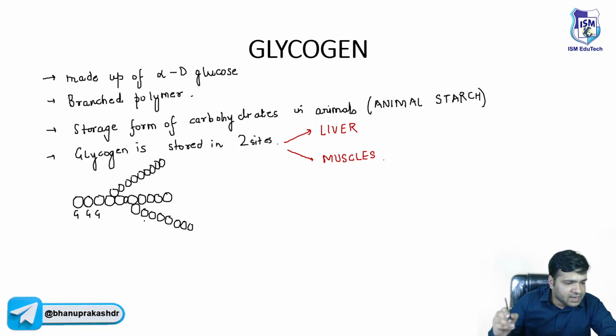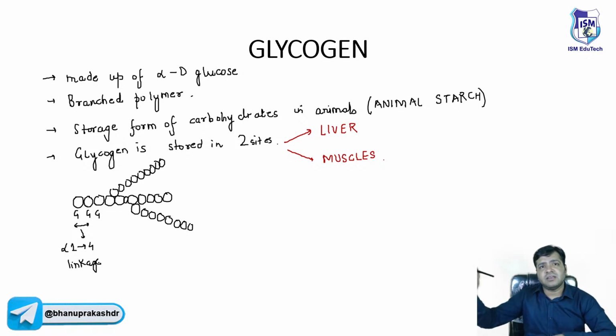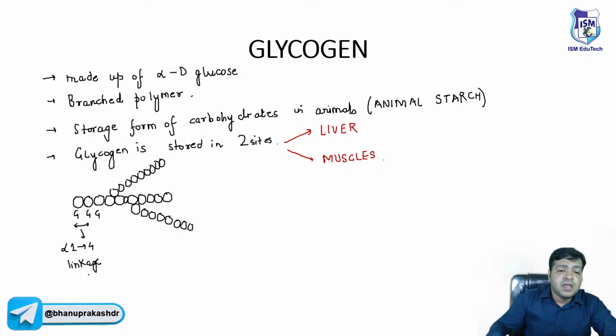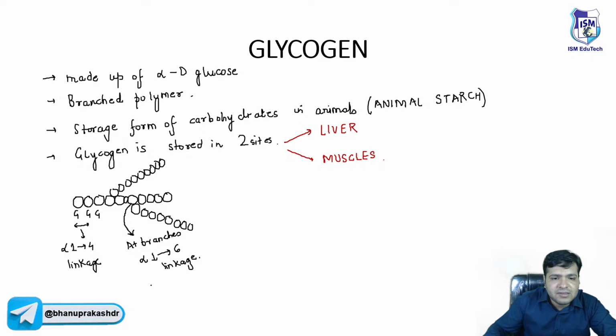Between glucose and glucose, beta, one bond is present, that is the alpha 1 to 4 linkage, in the linear chain. When a glucose joins with another glucose in the linear chain, it forms a direct linkage, that is alpha 1 to 4 linkage. Now, whenever glucose joins at branches, specifically at branches, it is alpha 1 to 6 linkage.